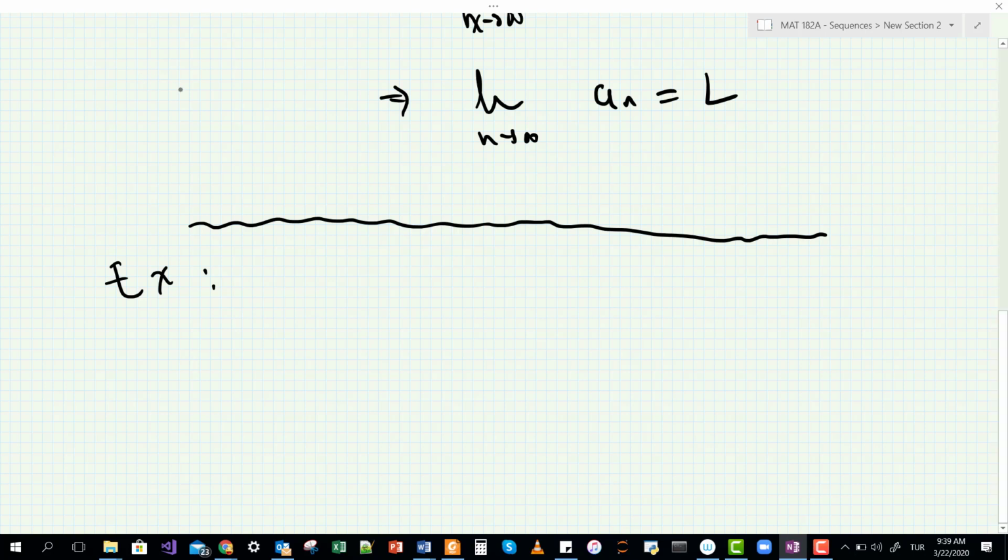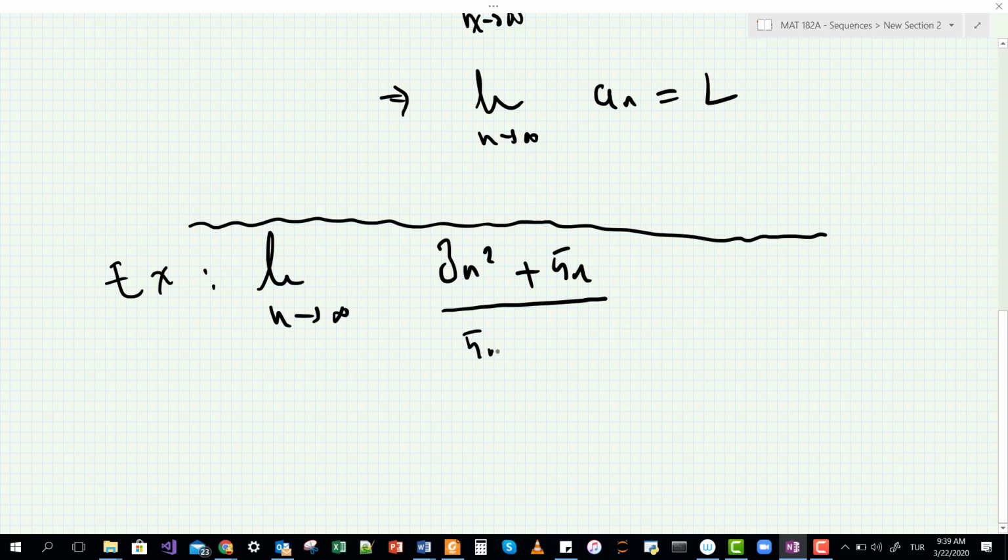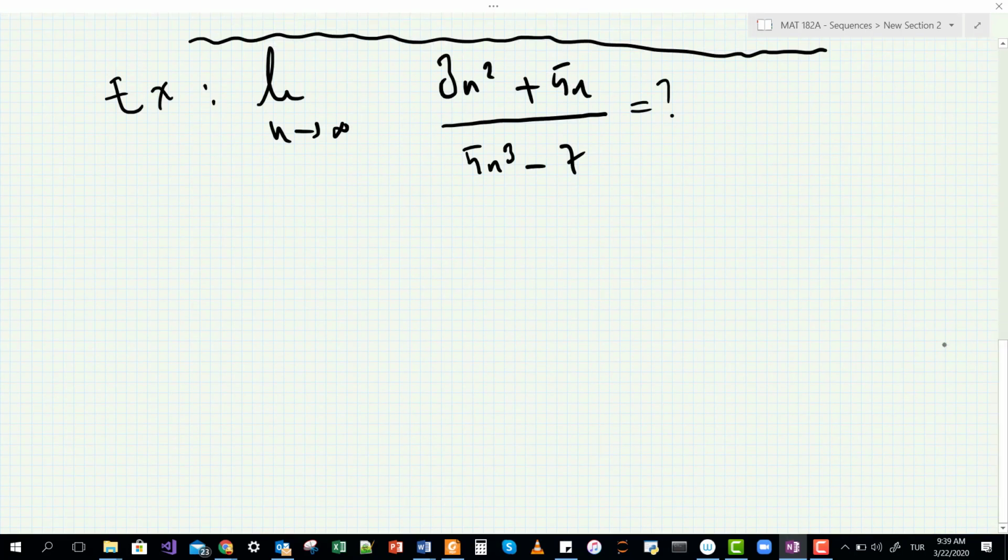As a first example, look at this one. The limit as n goes to infinity of 3n squared plus 5n over 5n cubed minus 7. That's my problem. You will remember we solved similar problems like this one using the sum of algebraic features and the 1 over n limit.